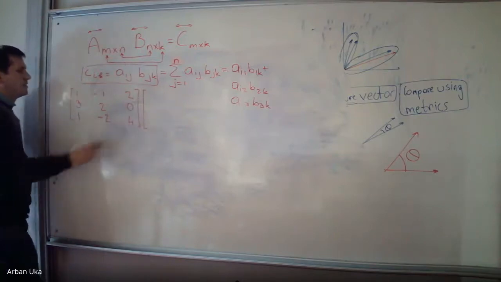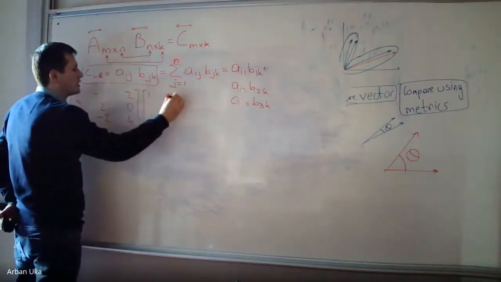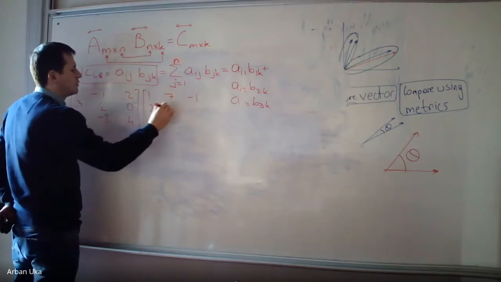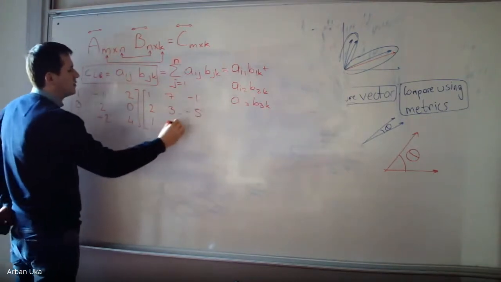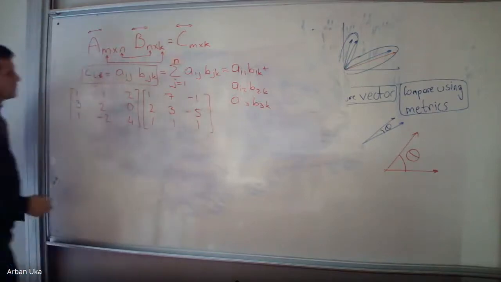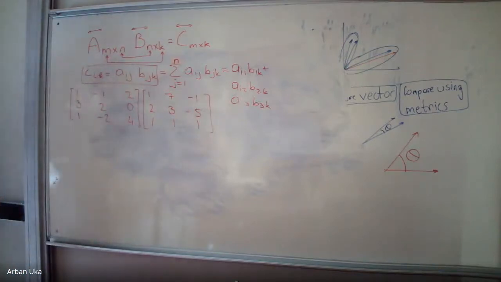This is a 3 by 3 matrix, and let's multiply this one with 1, 7, minus 1, 2, 3, minus 5, 1, 1, 1. So here we have two matrices, and we want to multiply those.